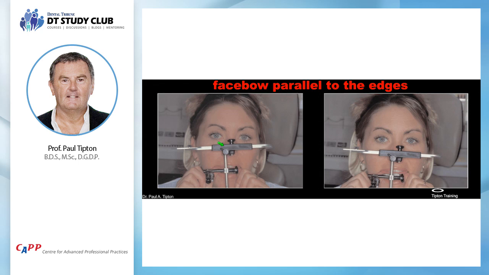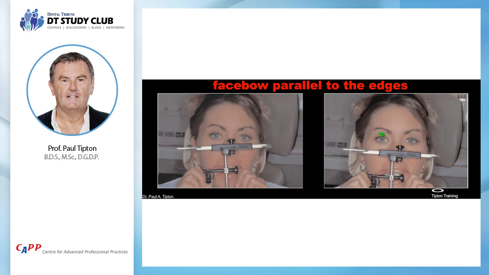So if I'm going to use a face bow, I need to make sure that the face bow is parallel to the eyes. So what do we do there? We push down one side, push up the other side, and we get the face bow parallel to the eyes.